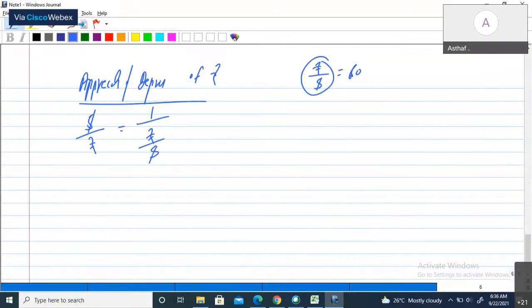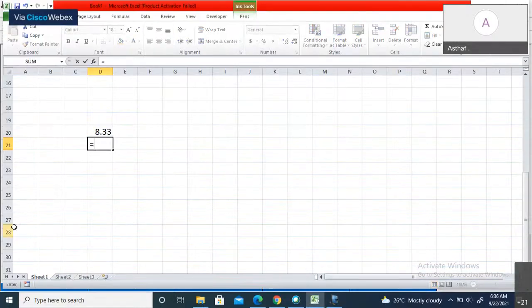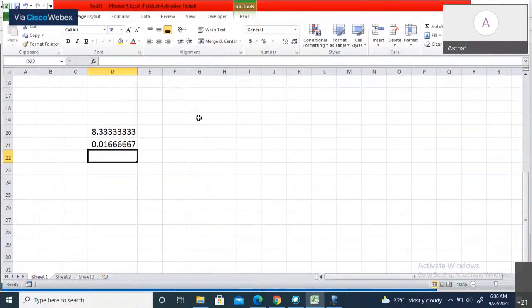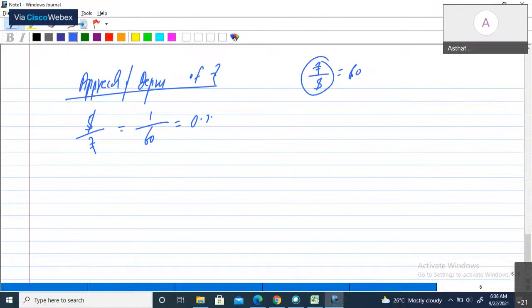So 1 divided by 60, you will get the answer as 0.0167.